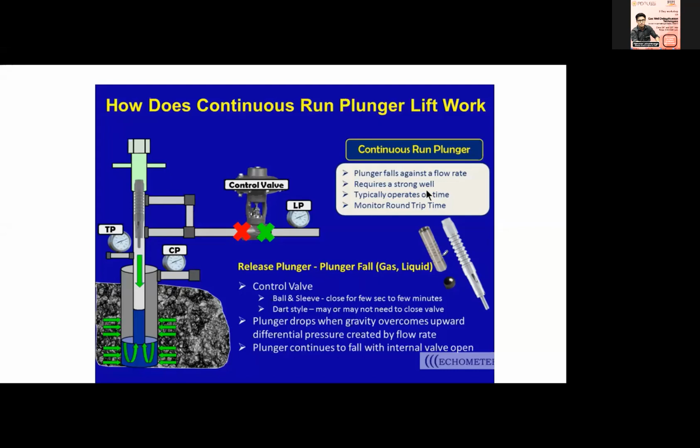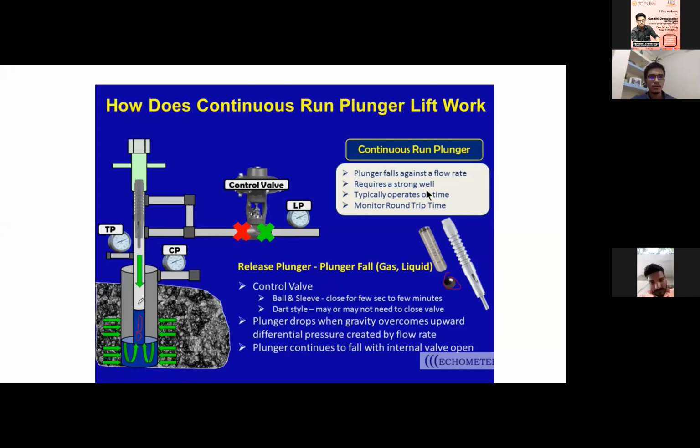So how does this work? When you install one of these plungers, first you install your tubing stop. Above it, you install your bumper spring, and then you drop this ball above the bumper spring, and then you drop this plunger. When the plunger drops, it will sit above your ball, and it will seal this flow path.